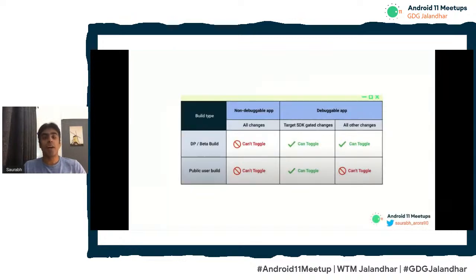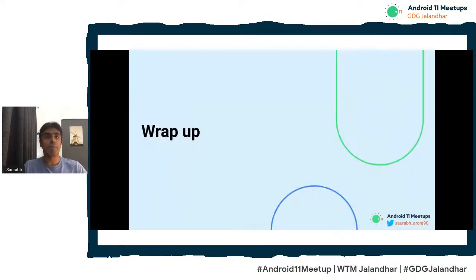One more thing to highlight for app compatibility: you can only change behaviors for developer builds, like debug builds. You cannot take a production app and enable auto reset permissions for it, because that app doesn't support Android 11 yet, so you cannot modify its behavior. But if you have a debug build, you own it, so you can modify particular behaviors for that app.